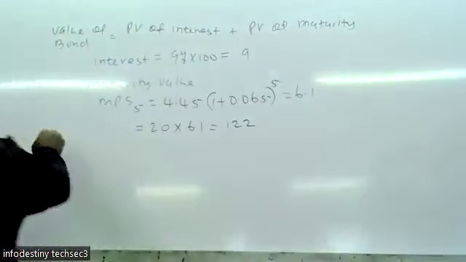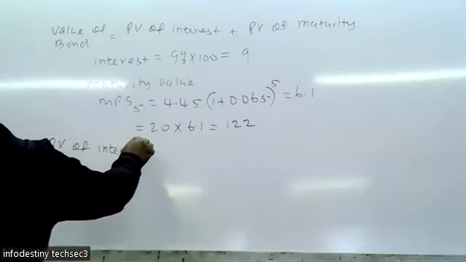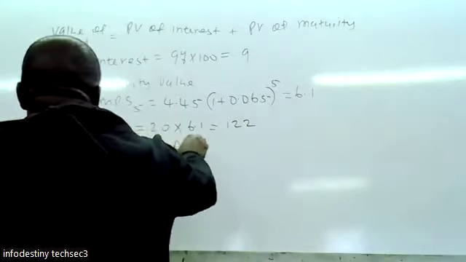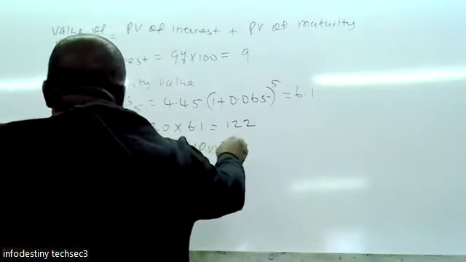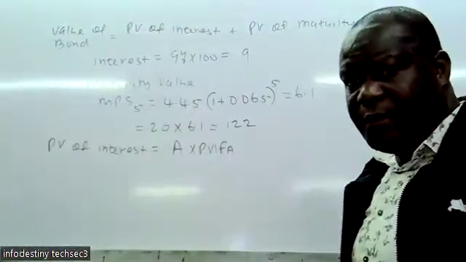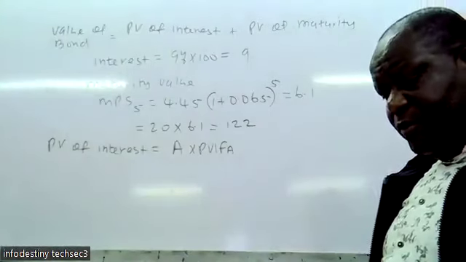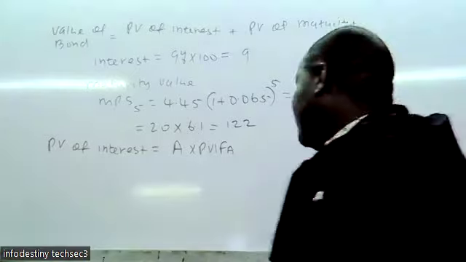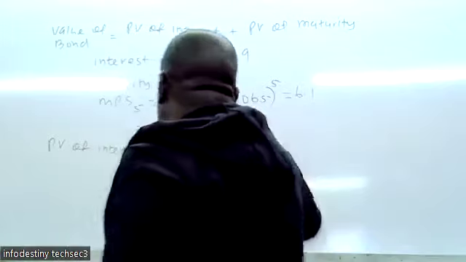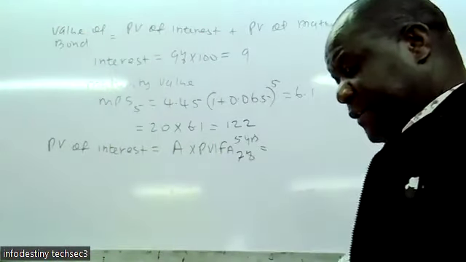Now the present value of the interest. You simply take the annuity multiplied by the present value interest factor for the annuity. The cost of capital was given in the question. It is 7%, and it will be for the 5 years, because the bond is meant to be redeemed after 5 years.